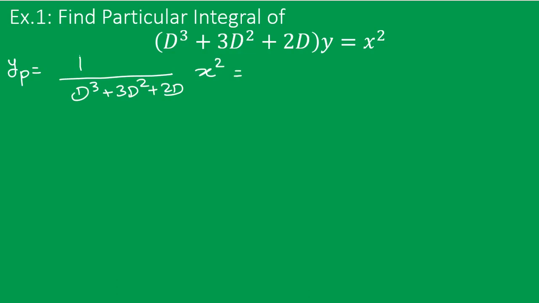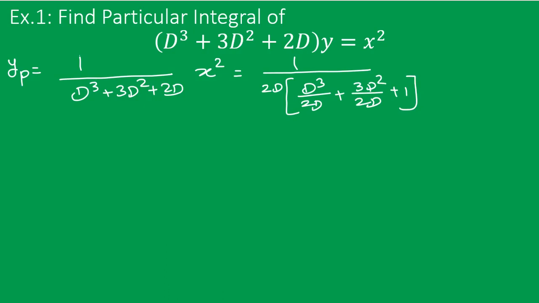Now the next step is we have to express this D cube plus 3D square plus 2D as 1 plus some polynomial in D. So we can see here, if we take 2D common, we will get (D cube upon 2D plus 3D square upon 2D plus 1).